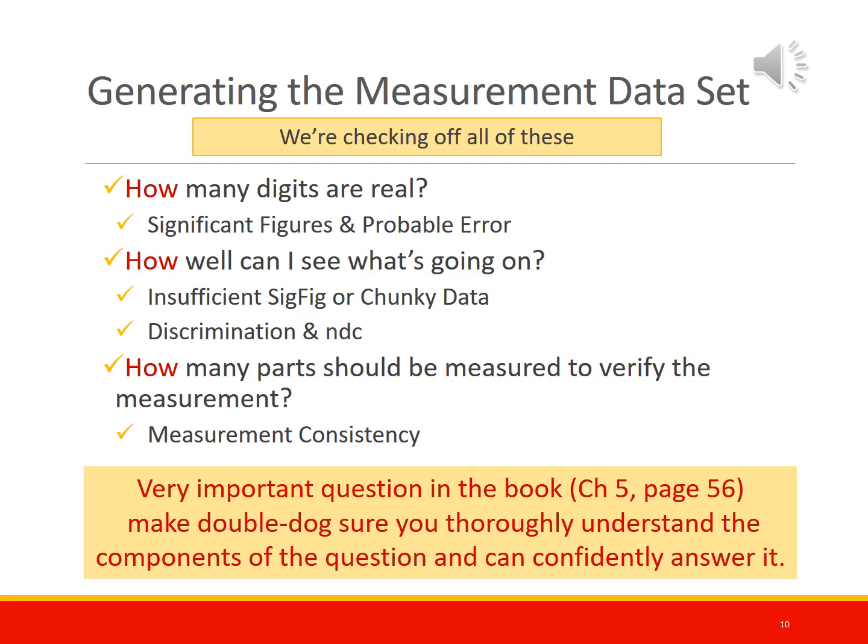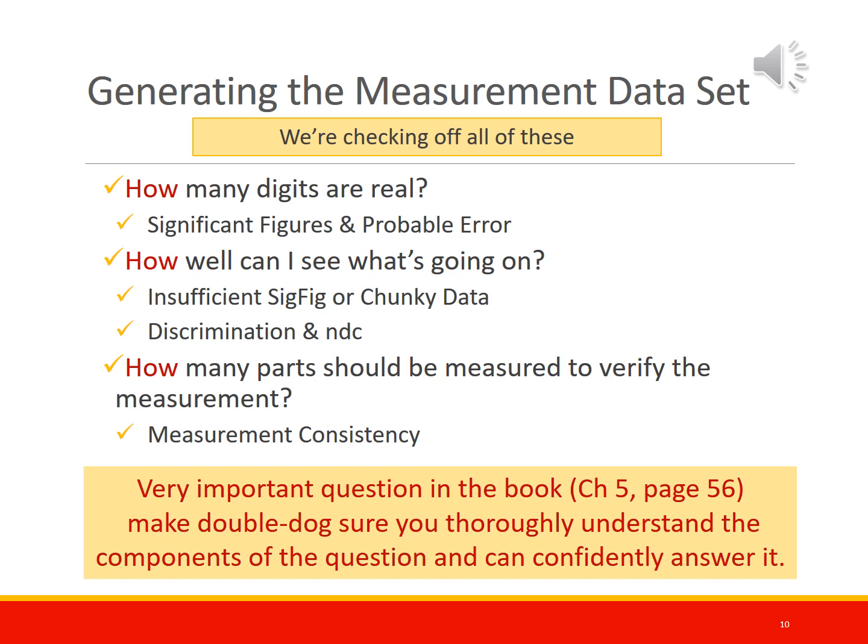Okay, so between the in-class lecture, this online lecture, our lab, and the book I've given you, chapter 5, we have discussed each of these questions in grave detail. First, how many digits are real? That had to do with the concept of sig fig and probable error. Then we discussed, how well can I see what's going on?